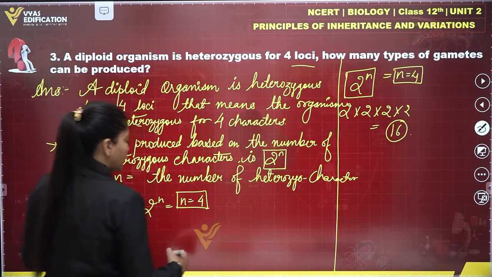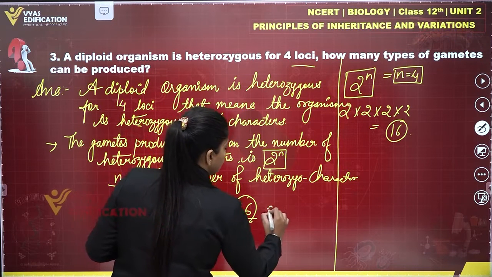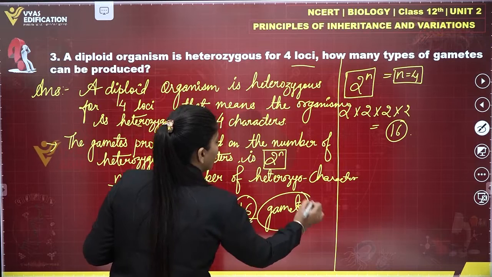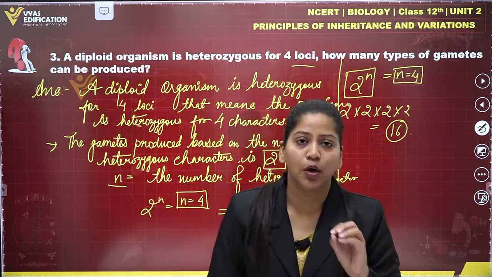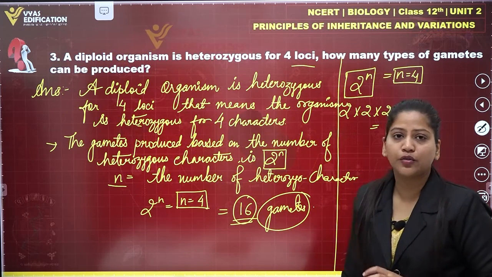If we solve this, we will get 16. So 16 gametes are going to be formed by this particular diploid organism, which has 4 different loci for heterozygous characters. This is the complete solution of question number 3.